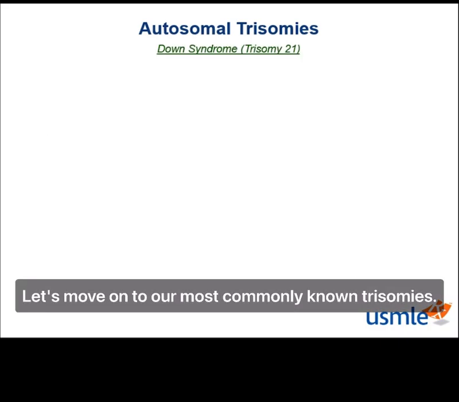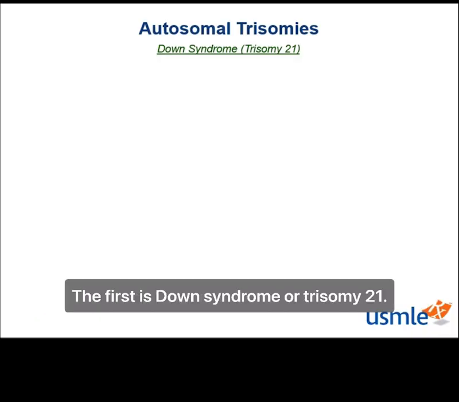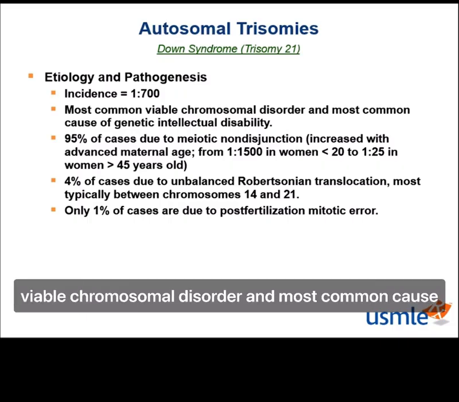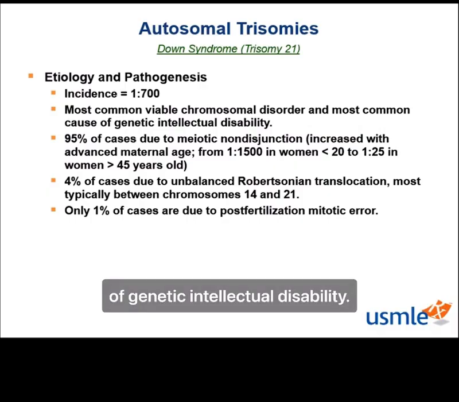Let's move on to our most commonly known trisomies. The first is Down syndrome, or trisomy 21. Down syndrome is the most common viable chromosomal disorder and most common cause of genetic intellectual disability.